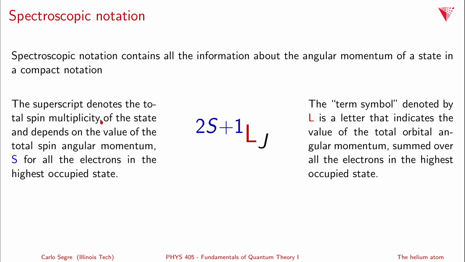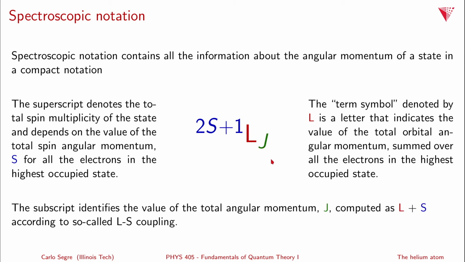The superscript is the total spin multiplicity of the state, and it depends on the value of the total spin angular momentum S for all the electrons in the highest occupied state. So however those total spins add up for those outermost electrons, then you put 2S plus 1 up here.